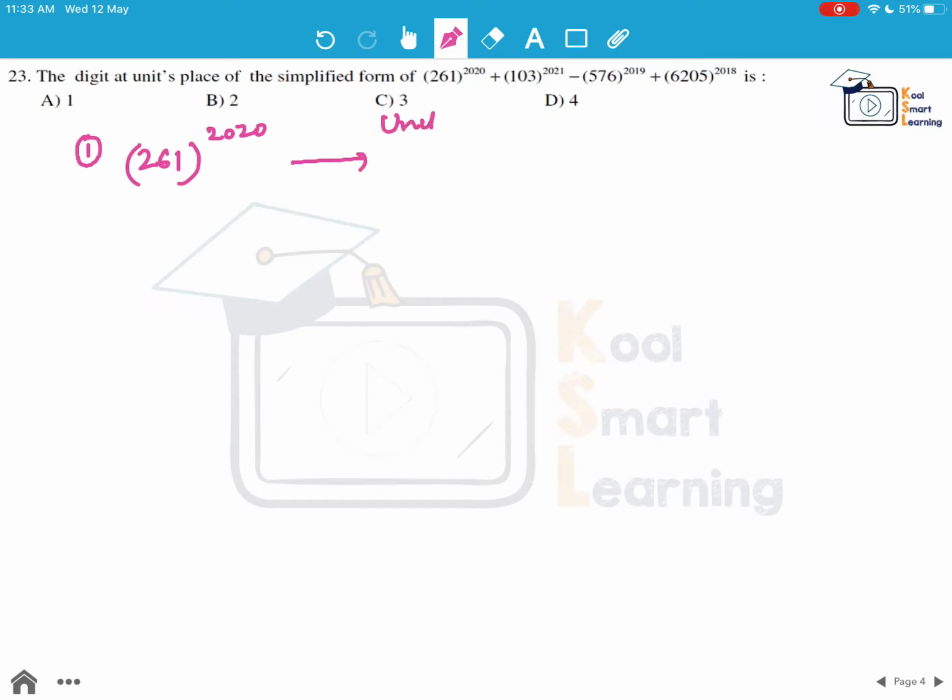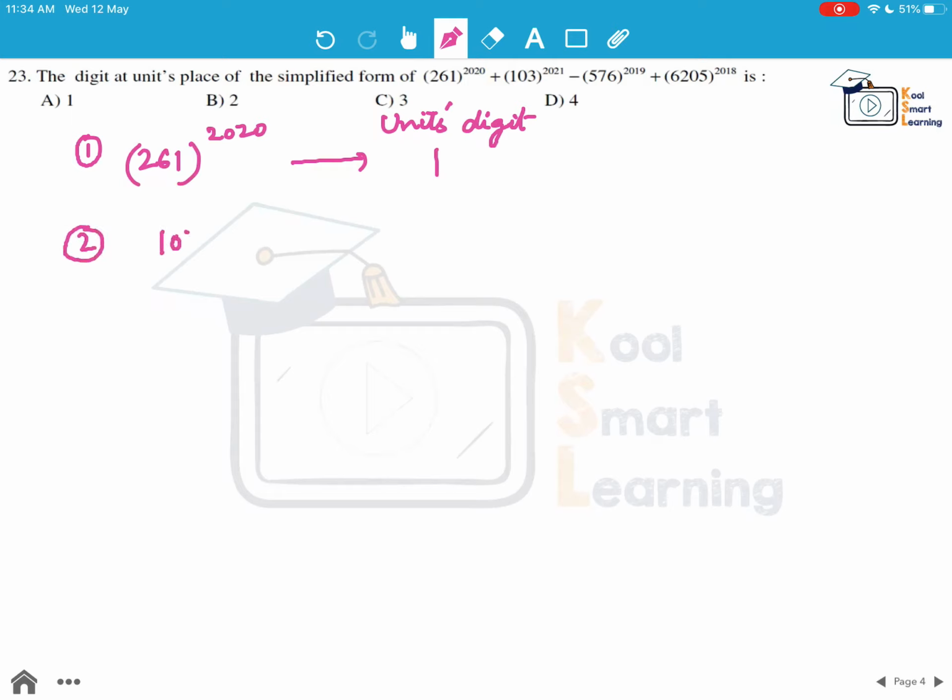So we'll find out the units digit of each of these and then perform the addition subtraction operation as required. So we know that any number whose units digit is 1 raised to power anything will always have a units digit of 1. I am not explaining it here because it is all explained in a separate video.